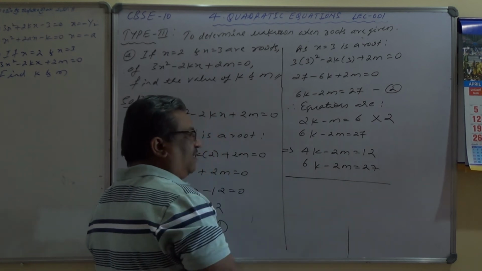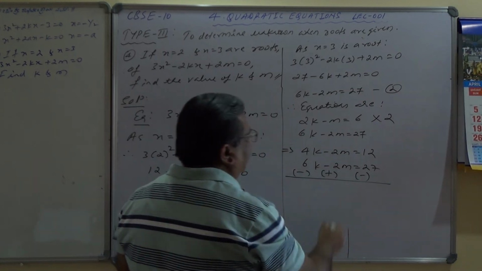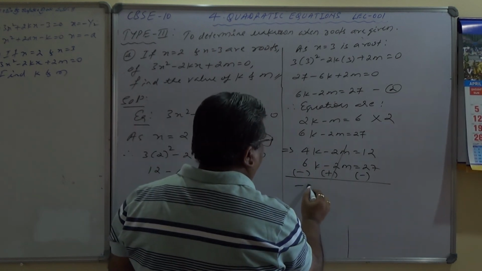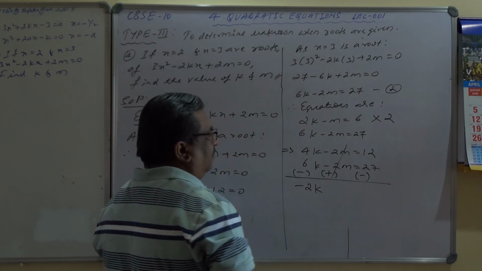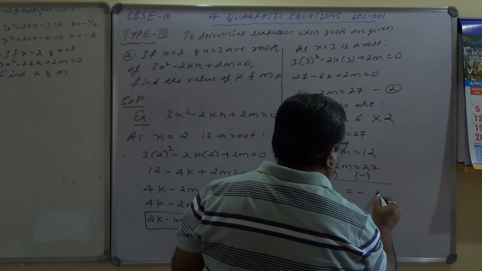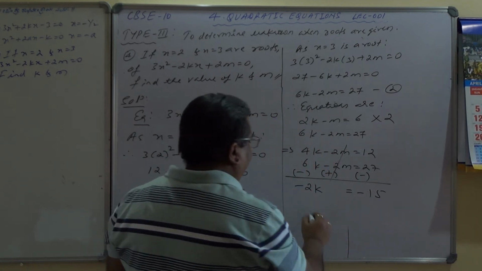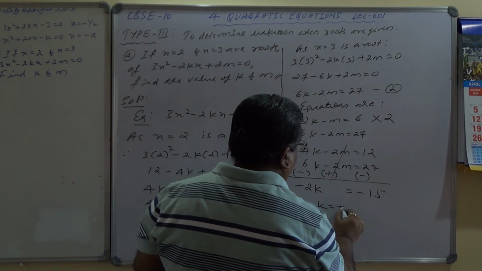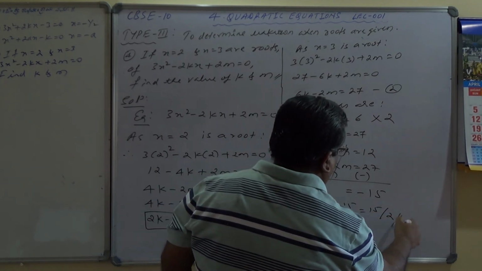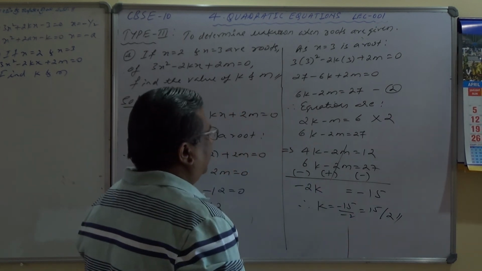We will subtract, change the sign here, this will cancel, and therefore 4k minus 6k is minus 2k equals 12 minus 27, which is minus 15, and therefore k equals minus 15 by minus 2, which is nothing but 15 by 2. Is it correct? Yes, k equals 15 by 2 is the correct answer.